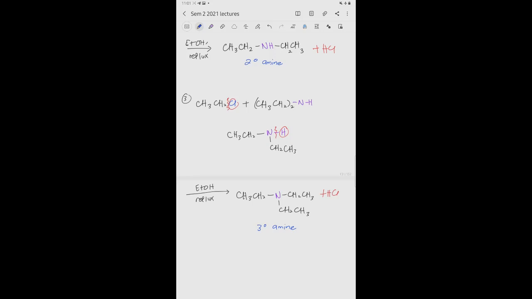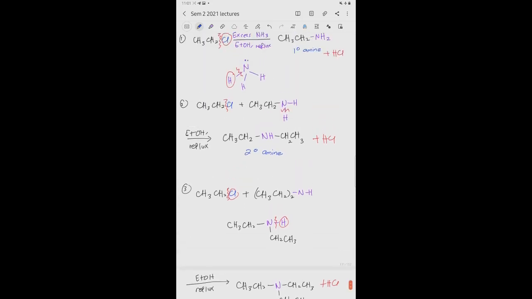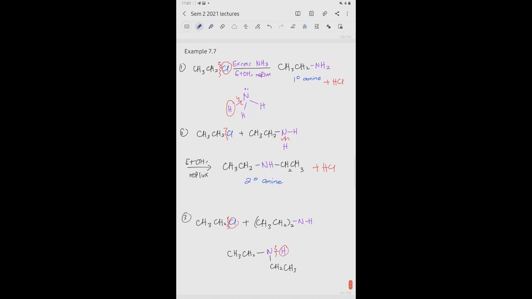So in the reaction of haloalkane with ammonia, if we use excess ammonia, the product will stop at primary amine. So if you want to produce primary amine only, without any further reaction, we have to use excess ammonia.